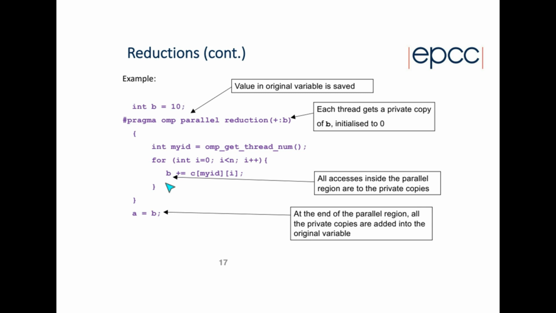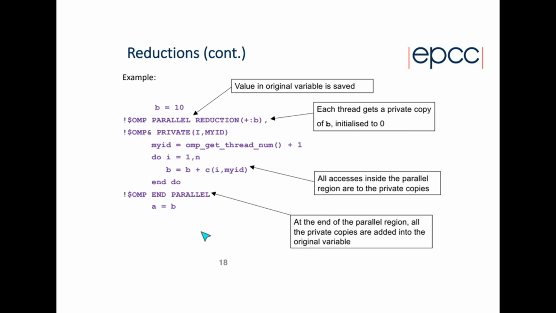That looks slightly weird when we're just dealing with raw parallel regions, but when you come to use it with parallel loops, that turns out to be the natural behavior. Same example in Fortran.